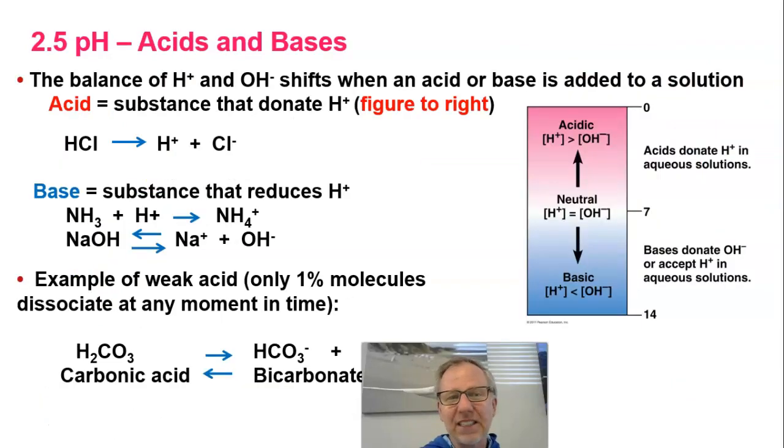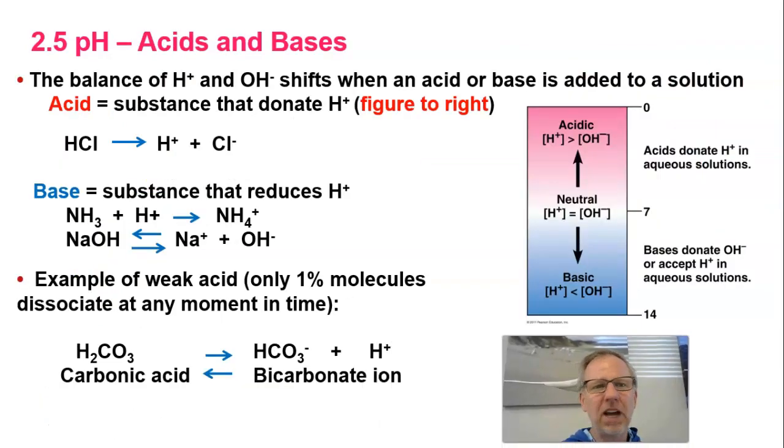So what is an acid? What is a base? How does that figure into this pH business? An acid is any chemical substance that donates or increases hydrogen ions. That's an acid, period. Hydrochloric acid, HCl, is considered a very strong acid.